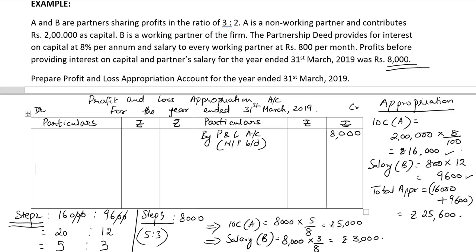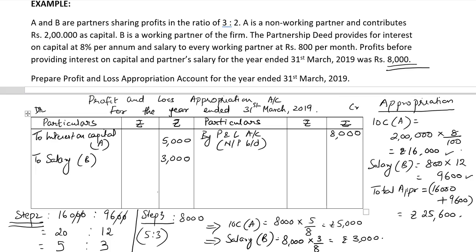And the final step 4 is to debit the profit and loss appropriation account with the amount of appropriation that is possible. So I'll debit it to interest on capital for A, 5,000 rupees, and to salary to B, 3,000 rupees.